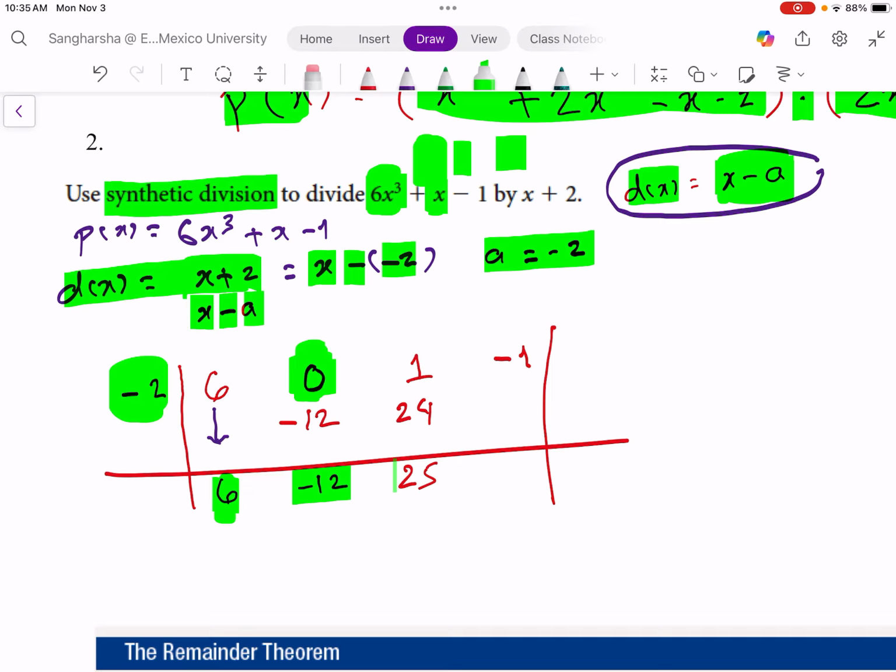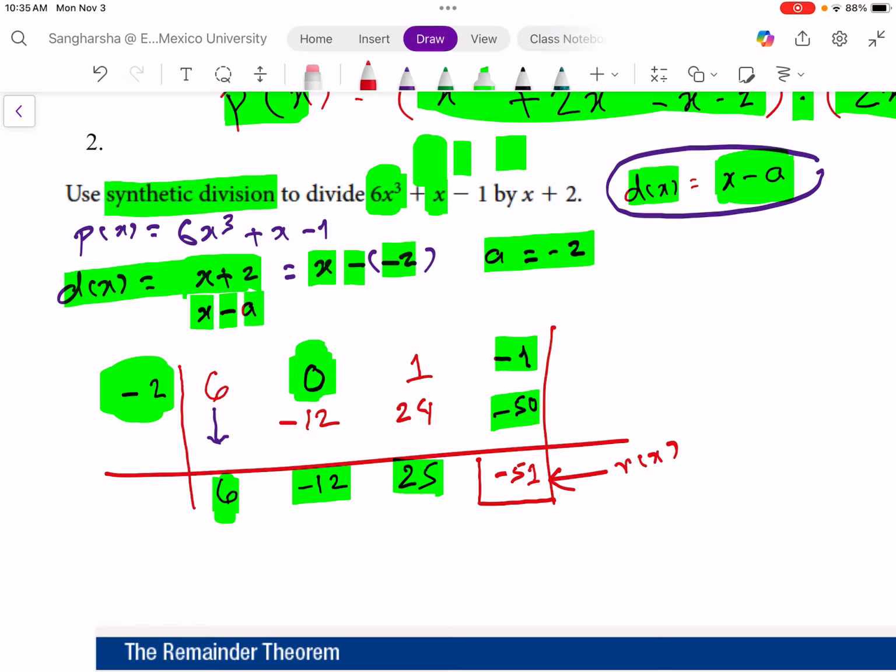Now multiply 25 and -2, which is -50. Do not flip sign. -1, -50, that is -51. And this last number is our remainder r of x.